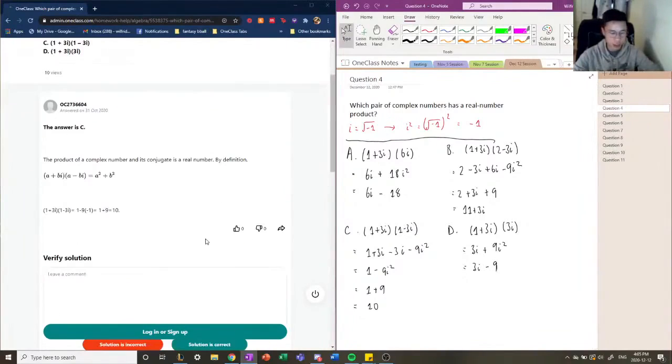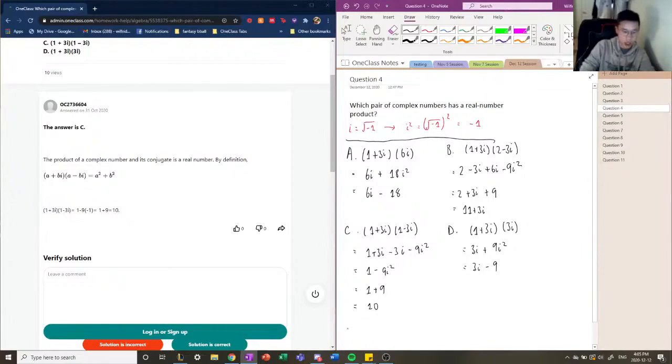And this brings us to our final discovery from this question. When you multiply a complex number with its conjugate, you'll get a real number.